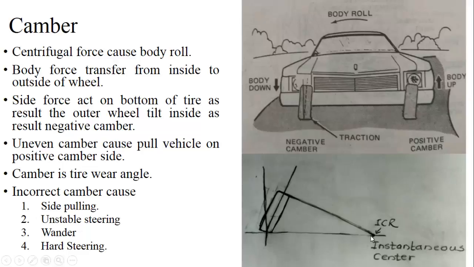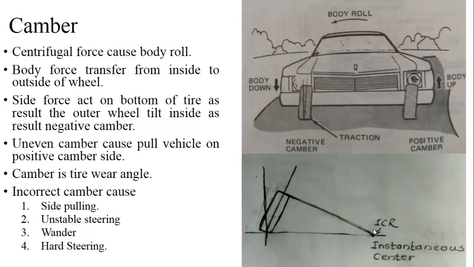To explain that, we have to consider a wheel as the base of a cone, and the cone is resting on one of its slant sides. Whenever the base of the cone rotates, it forms the ICR at the apex of the cone, and because of that the whole wheel rotates about this ICR, and as a result, whenever we provide uneven camber to the vehicle, the vehicle gets pulled toward the positive side of a camber.